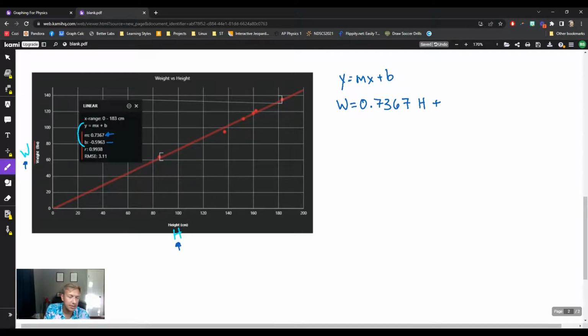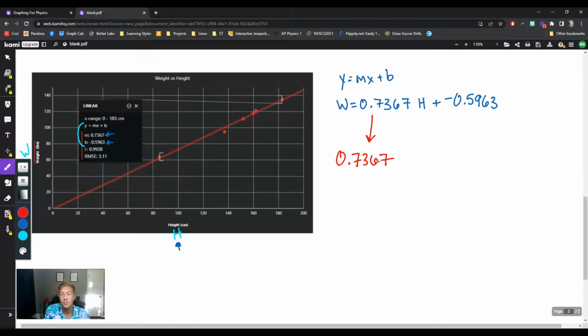Our y-intercept, in this case, is negative 0.5963. So let's talk about what this information means for us. Let's pick a different color here. Our slope is 0.7367. Our units for that are rise, our y unit is on top, pounds per our x unit, centimeters. So pounds per centimeter.